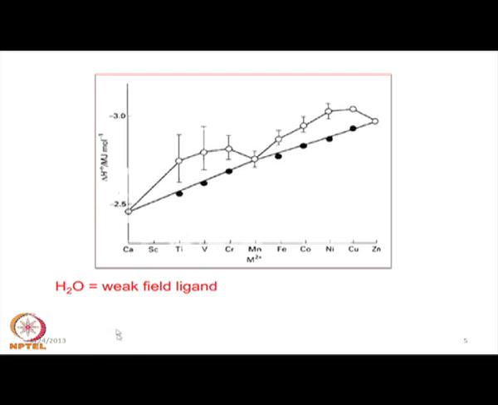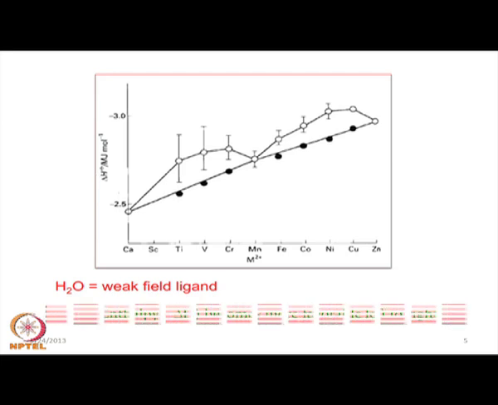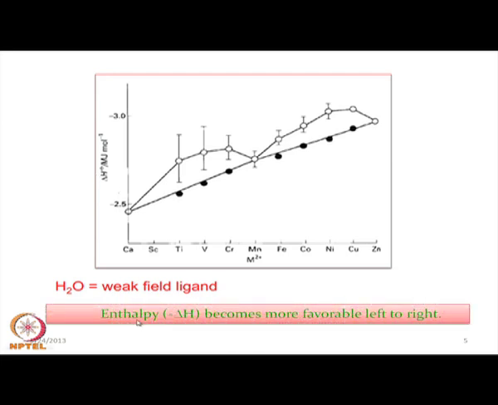So, if water is considered as the weak field ligand for these metal ions, we are getting the values for the high spin configurations only, and we do not have to bother about the low spin electronic configuration. And the enthalpy, the delta H, becomes more and more favorable from left to right, because we are getting the hydration enthalpy on the negative side.